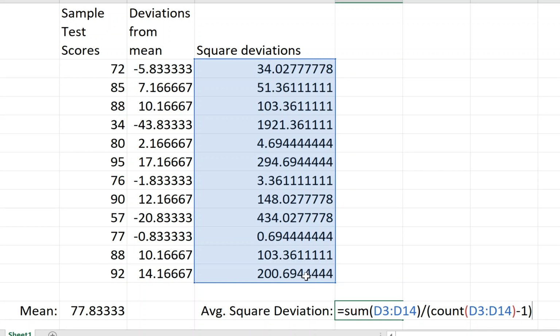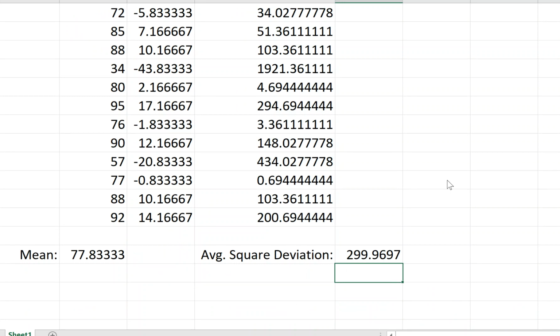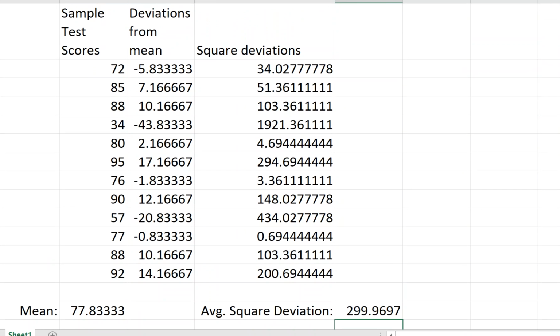So I'm going to divide by that number minus 1. In this case we have, let's see, 1, 2, 3, 4, 5, 6, 7, 8, 9, 10, 11, 12. Instead of dividing by 12 here, I'm actually dividing by 11. And that's my average squared deviation, 299.9697.